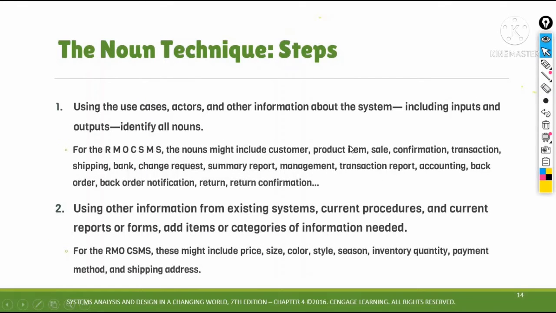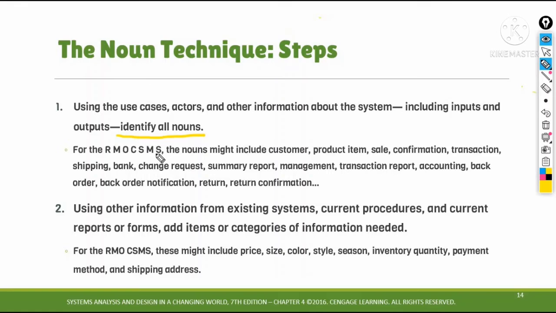So here are the steps to follow when using the noun technique. The first step is, using the use cases, actors, and other information about the system, including inputs and outputs, identify all nouns.